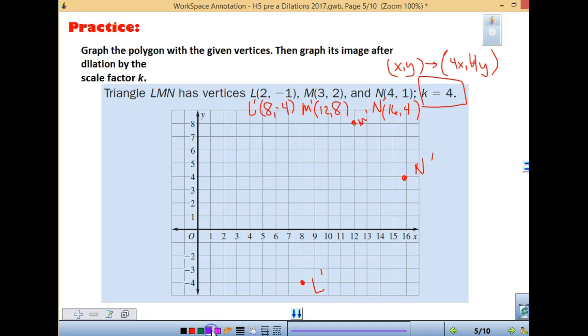So I have the one triangle. I also have 2 negative ones. I had 3, 2. So I had L, M, and 4, 1. I am now drawing my larger one.